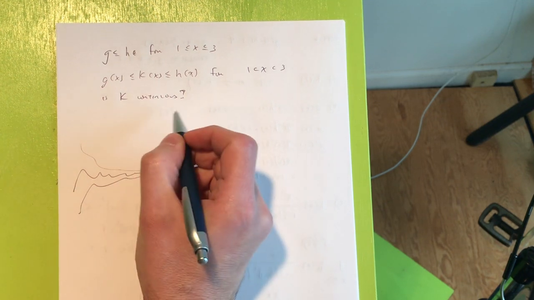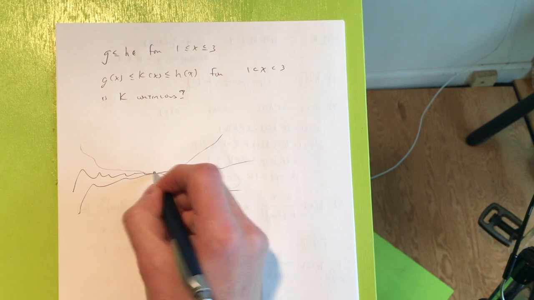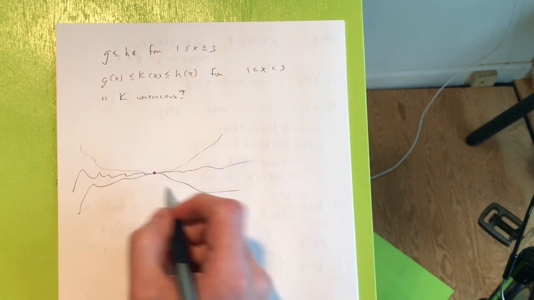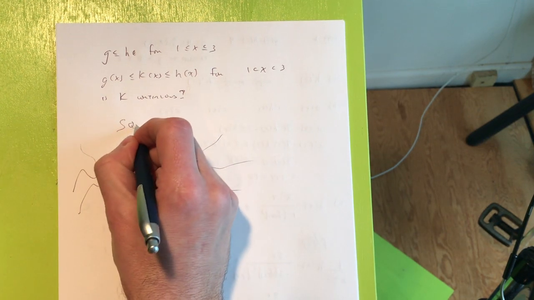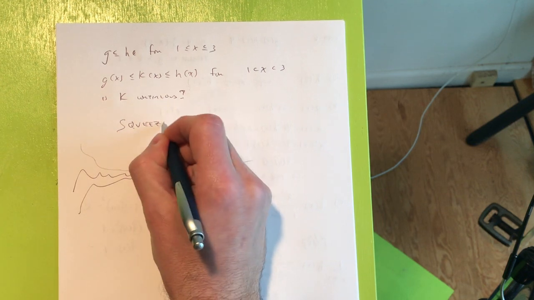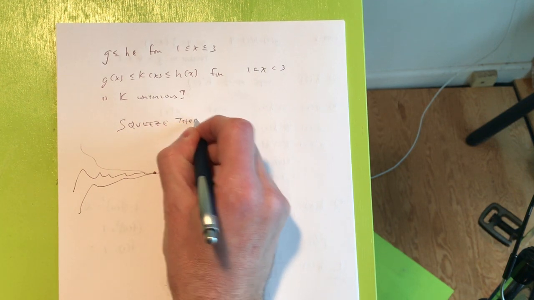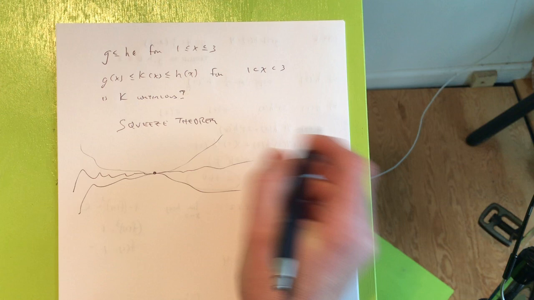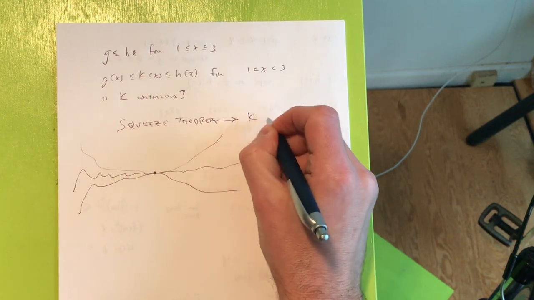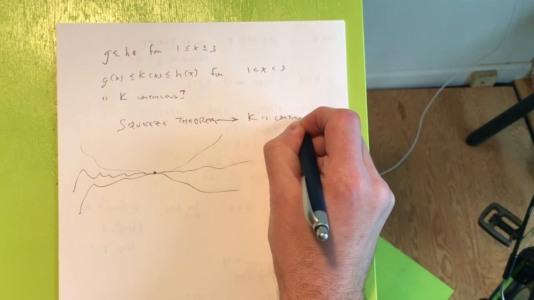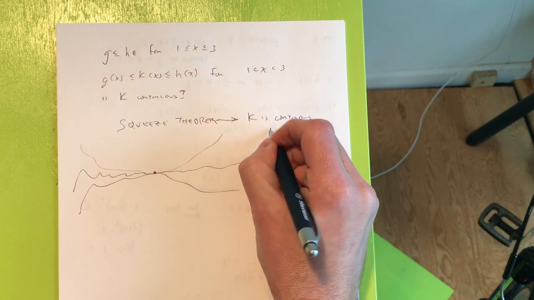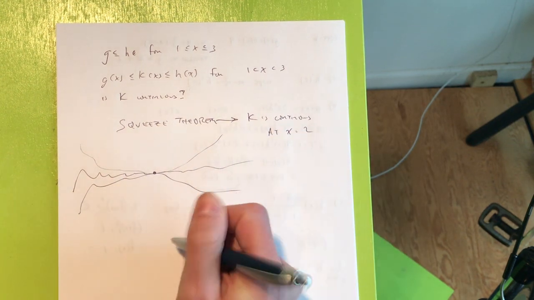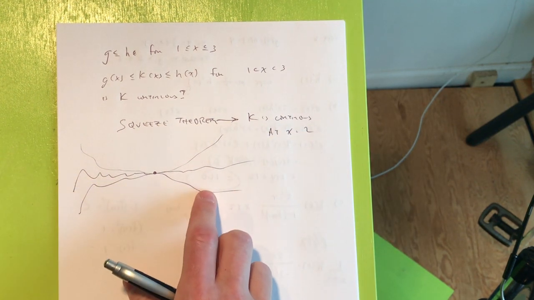And since those two come down and are equal at that point, we're using what's called the squeeze theorem. The squeeze theorem implies that k is continuous at x equals 2. It has to be in between those two curves.